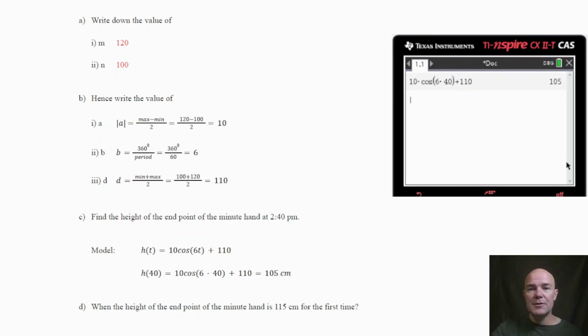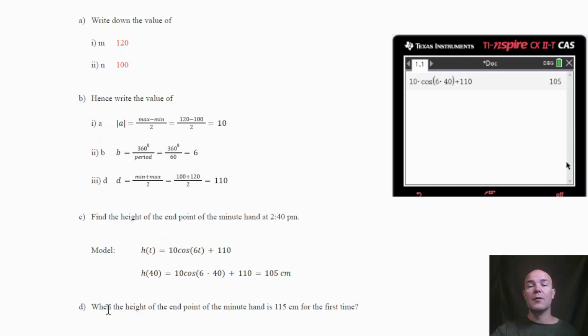Now, the last question is asking about when the height of the endpoint of the minute hand is 115 centimeters for the first time. So when we have a question about when, it means time, when that happens.